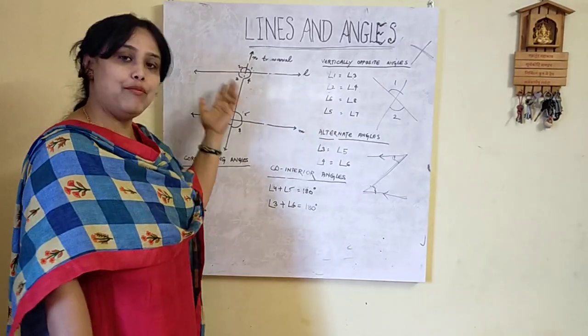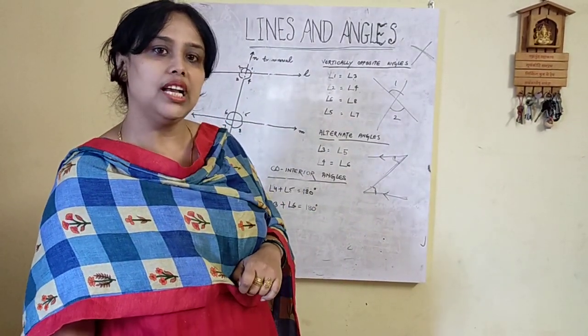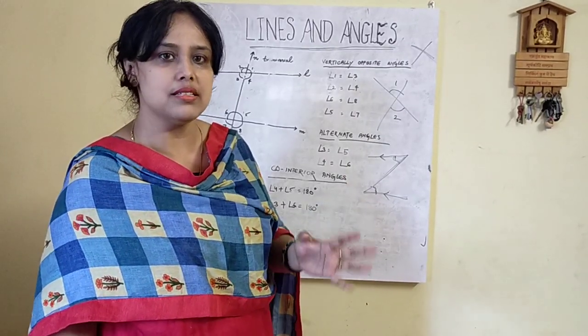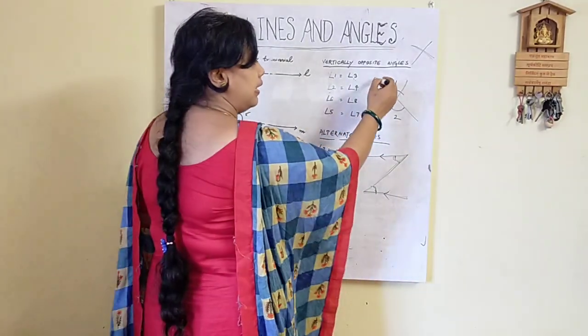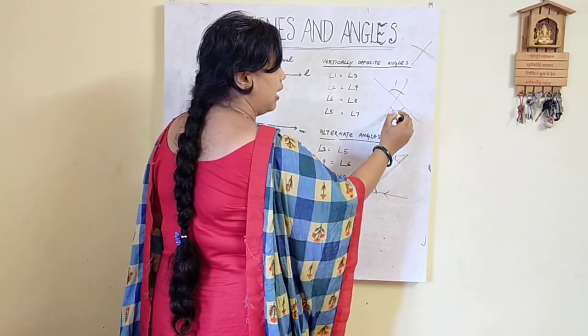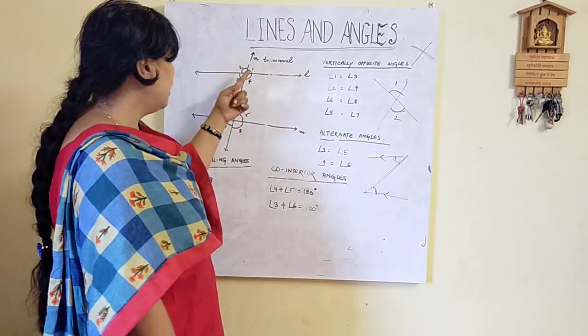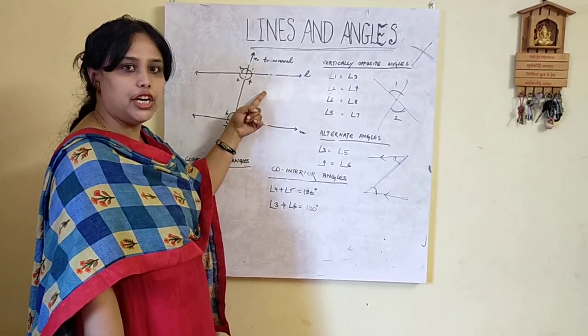What are the names of these particular angles? At first we will learn about vertically opposite angles. As the name suggests, vertically opposite angles are the angles formed vertically when two lines intersect at one point. Here angles 1 and 3, and angles 2 and 4, are vertically opposite angles.